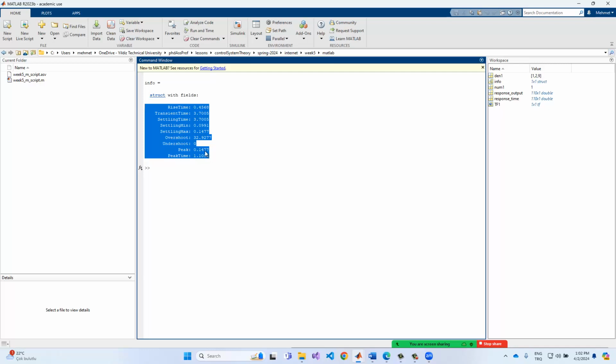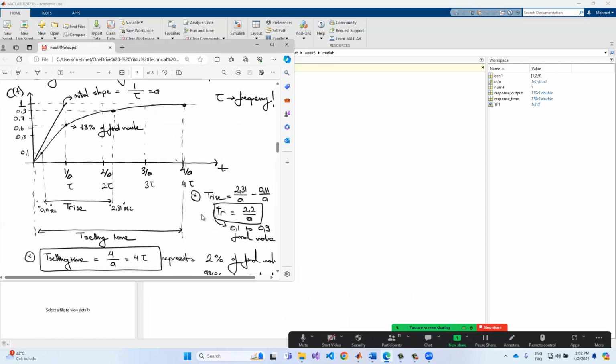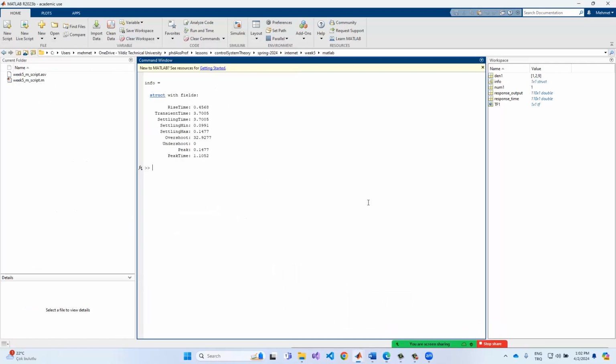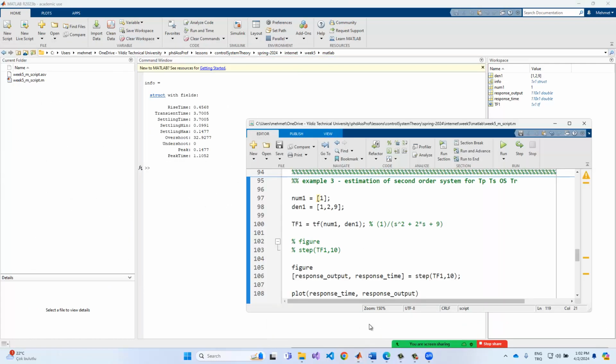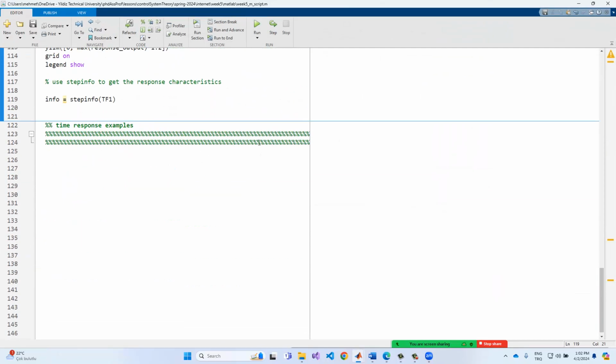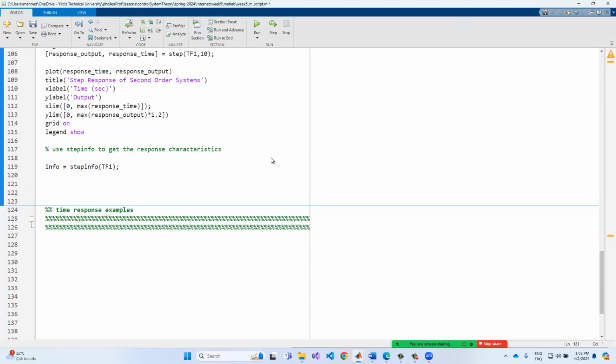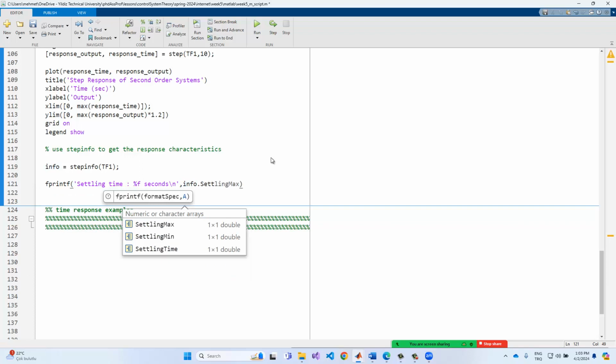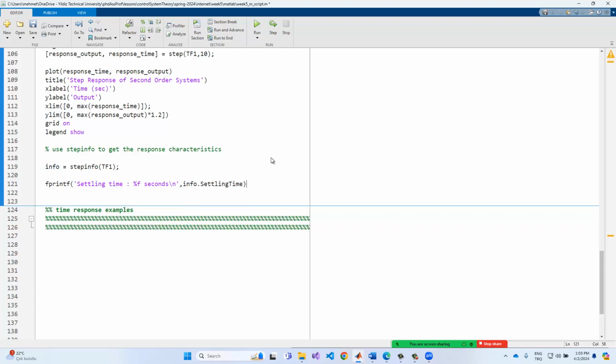But how can we obtain these values based on our equations? This is the case of this lesson. But first of all, we need to write printf settling time, %f seconds, new line, info.SettlingTime, just like this one.